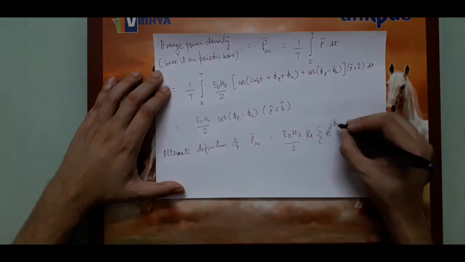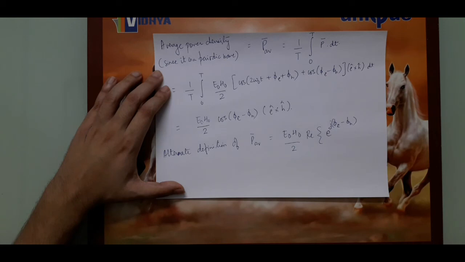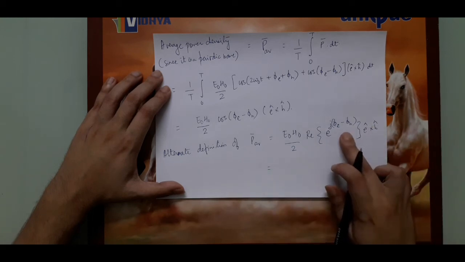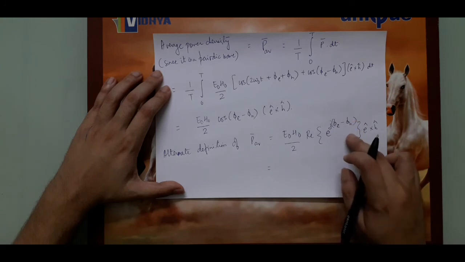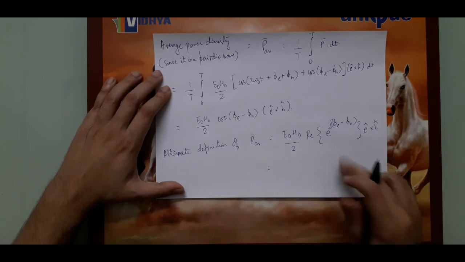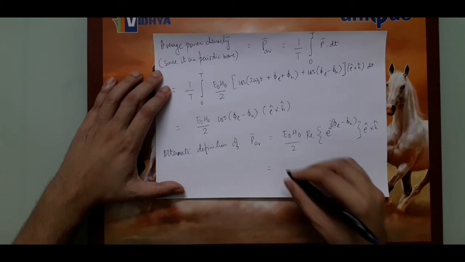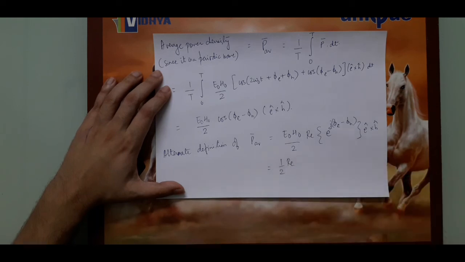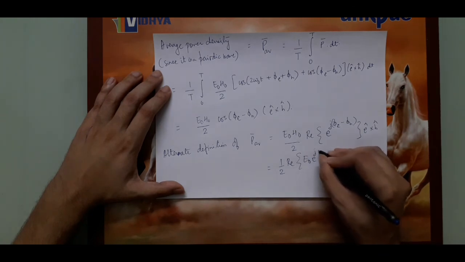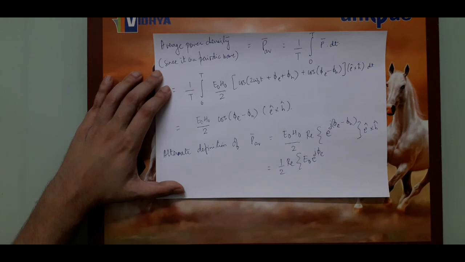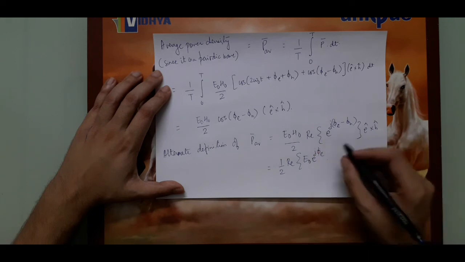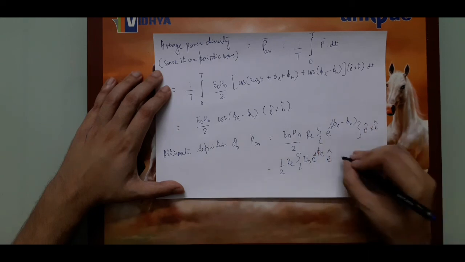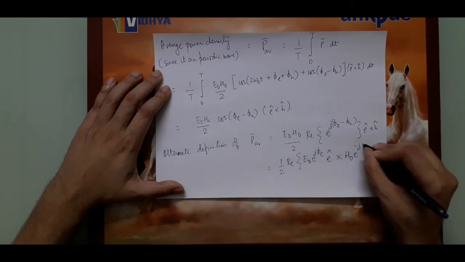Since we are taking a cos of a difference, I can also write the same thing over here, e raised to j(phi E minus phi H) times E cross H. So if I expand this now, although there is no time variable over here, because we are just trying to rewrite this using the time harmonic, if we take this E0 and H0 terms inside, what we now get is this half times the real part of E0, and let us also bring the vector product, the vectors over here, times the H0 e raised to minus j phi H.